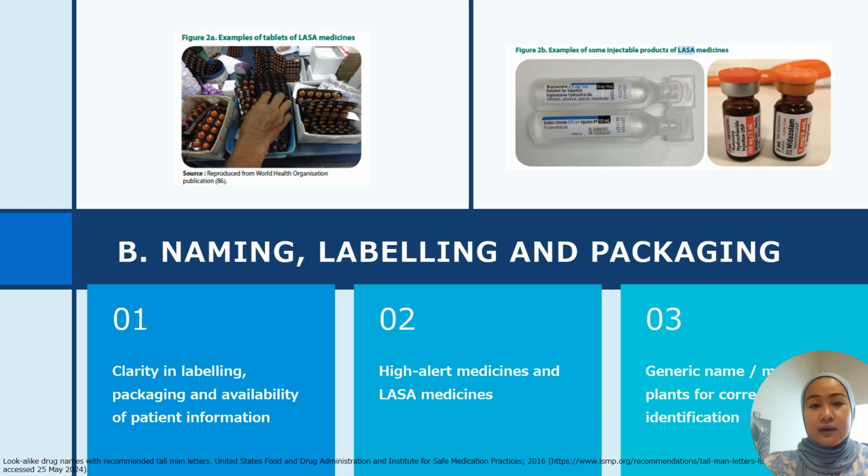And the last one, as healthcare providers, we should always use the generic name instead of the brand name, or indicate the name of the medicinal plants or the name of the organic plant included in the TCM products. This is to ensure the correct identification of the active ingredients.